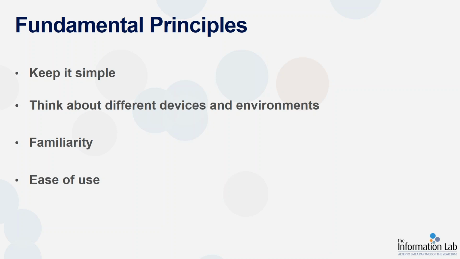Another principle is don't mess with people's expectations. Don't mess with the conventions of design on a mobile phone. So you know when you look at, say, Amazon or a website that you would use on a desktop and on a mobile phone, there are certain conventions about the way that things are presented.